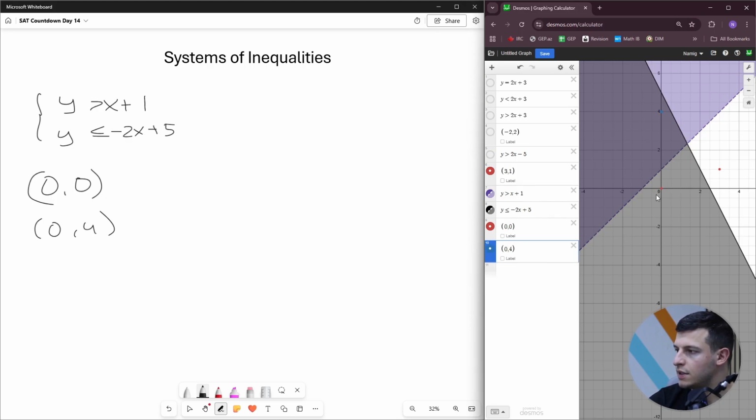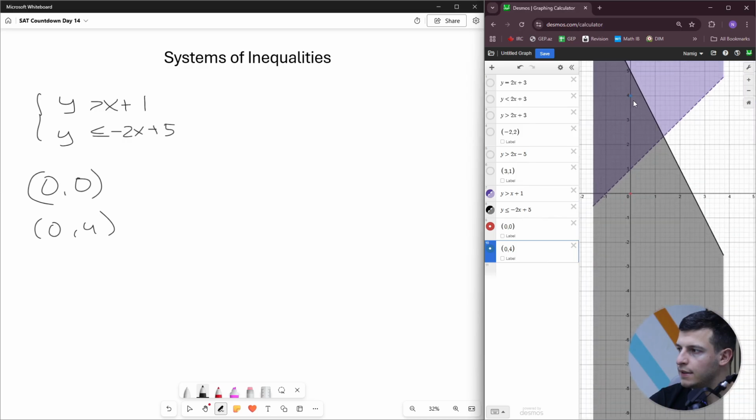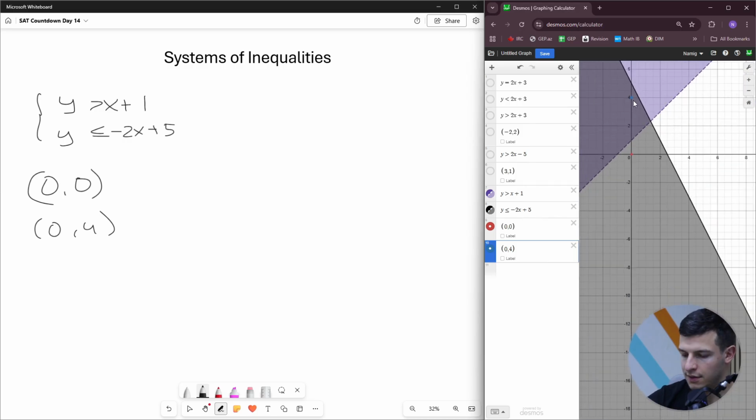Now we can see that 0, 0 is definitely not in the region, because the region is this dark part. 0, 4, oh no, this red one is the other one. There you go. Oh yes, 0, 4 is actually here, and it is part of the region.